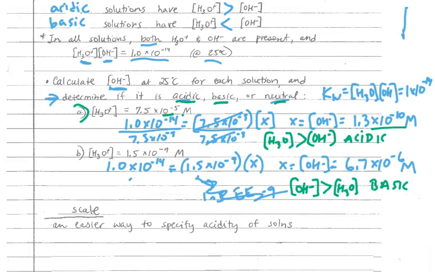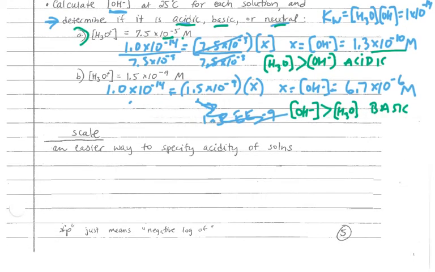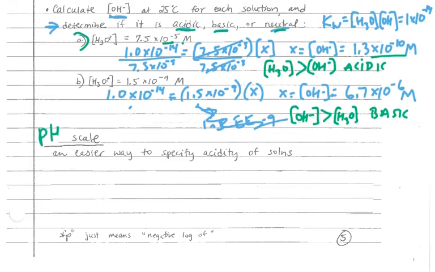Okay, so comparing these numbers in scientific notation can be just a little bit clunky. And so someone, I don't know who, I should probably look it up, decided that it would be easier if we took the negative log of these and just had a scale using single digit numbers. That's easier to process and easier to look at. And we call this the pH scale. And it's called the pH scale for a very good reason.